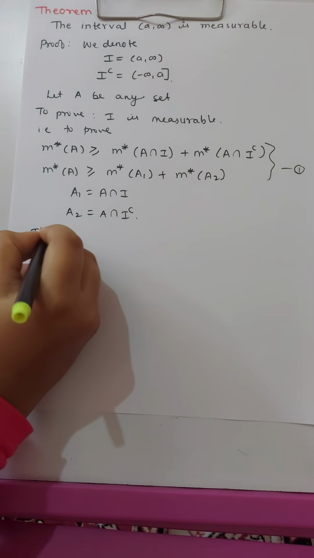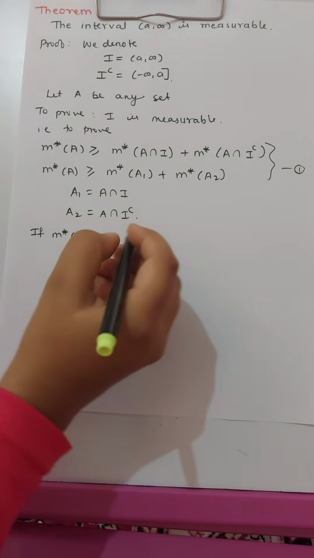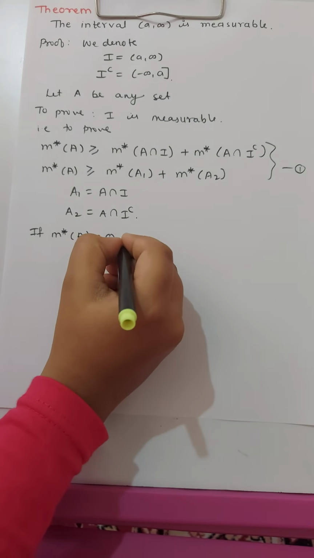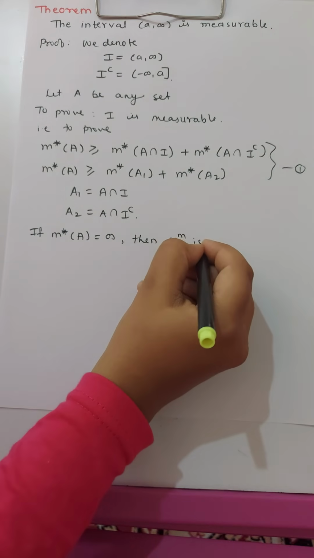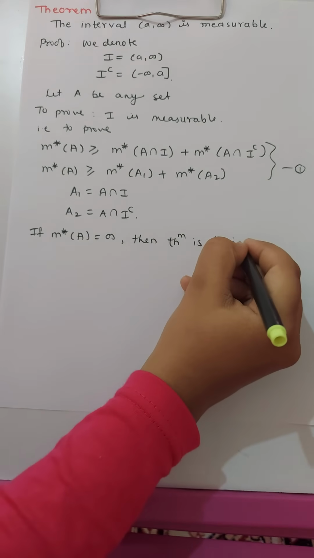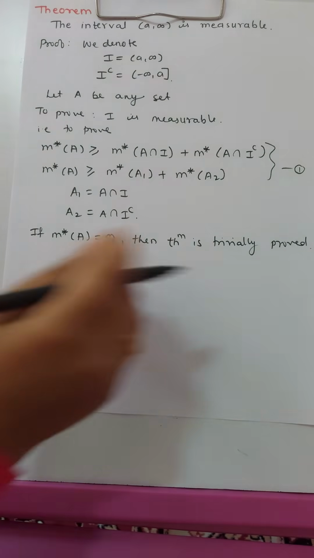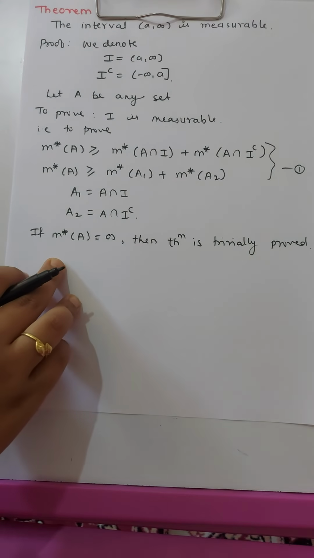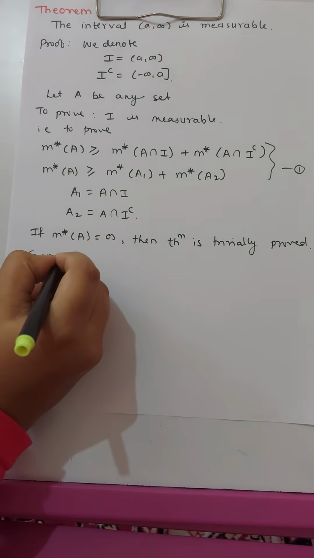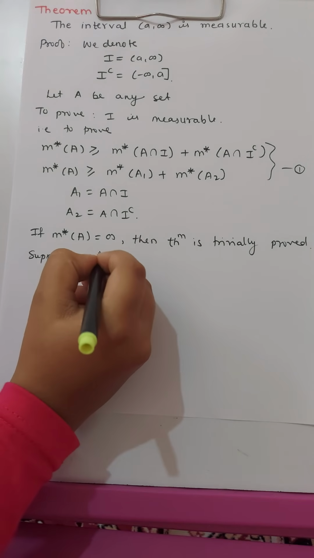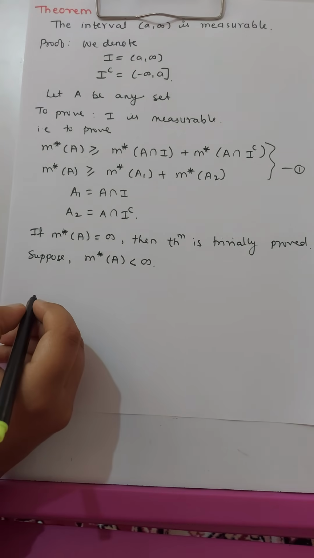Now if outer measure of A is equal to infinity, then the theorem is trivially proved. So we consider that this outer measure of A is finite, that is less than infinity. So suppose outer measure of A is less than infinity.